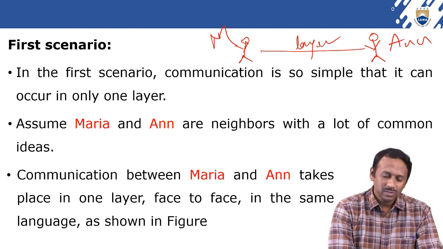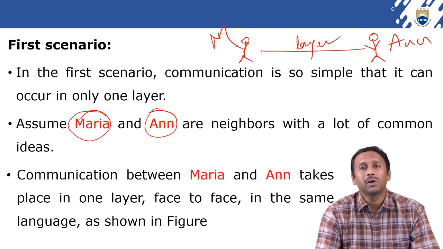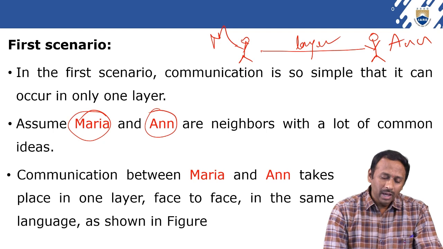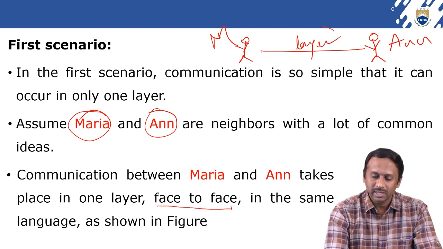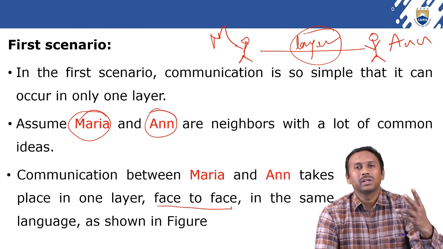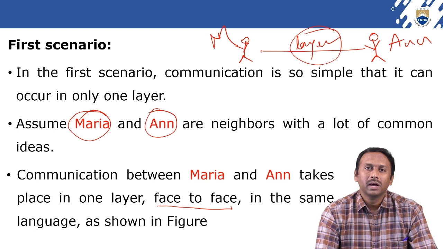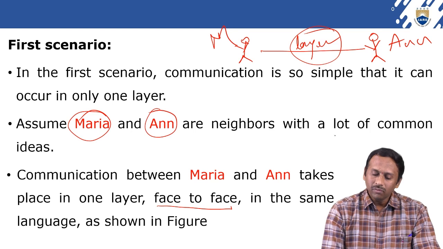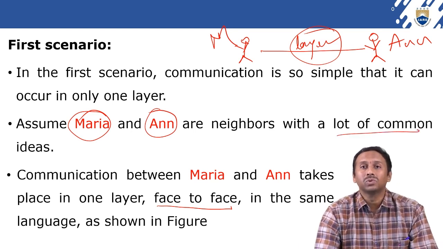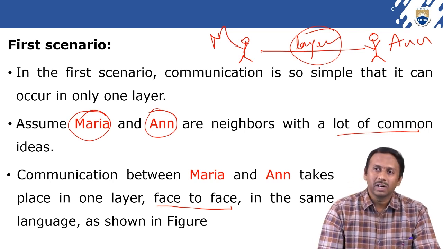Communication between Maria and Anne takes place in one layer, that is face to face. So two neighbors are directly talking and sharing their ideas, because they have a lot of common ideas, face to face. That is the first scenario, one way of communication.